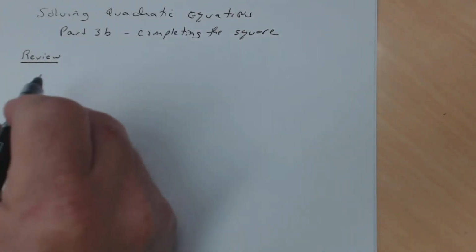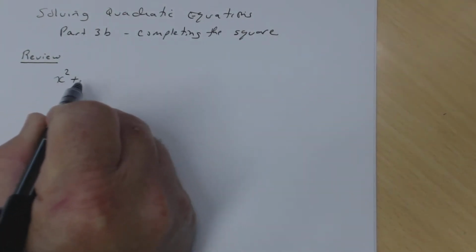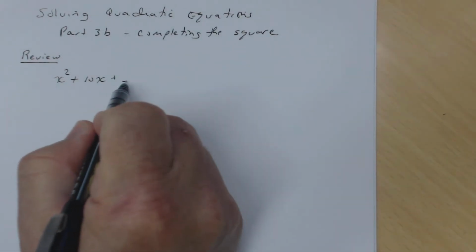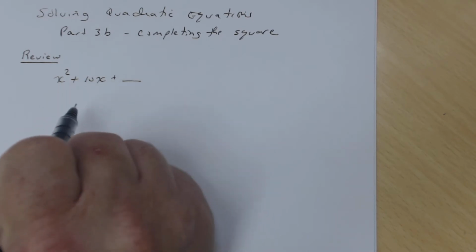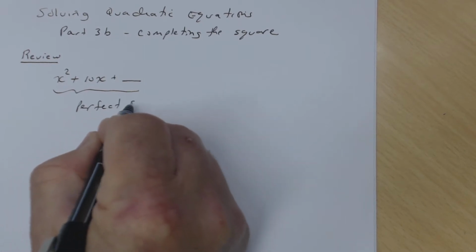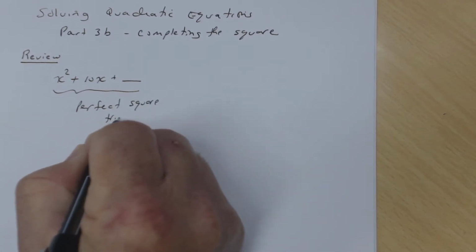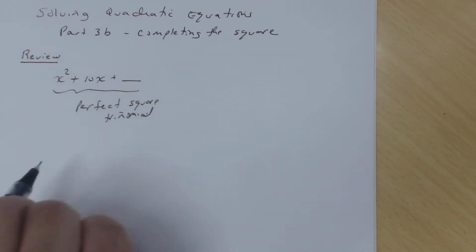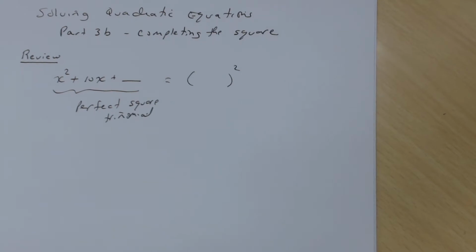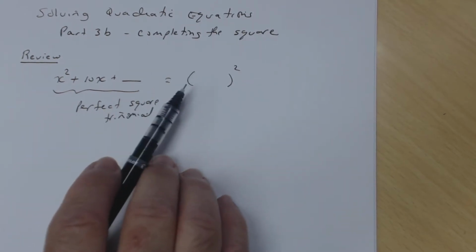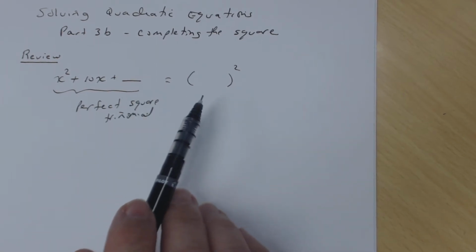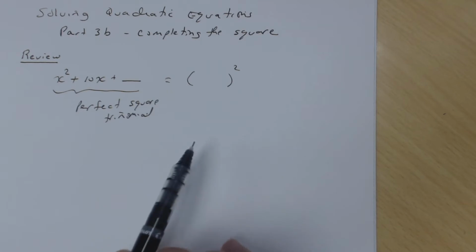For example, if we had x squared plus 10x, what do I need to add to this binomial so that I get a perfect square trinomial? If it is a perfect square trinomial, I can factor it as a binomial squared. That's going to be needed in what we're about to do because we're going to use the square root property again.